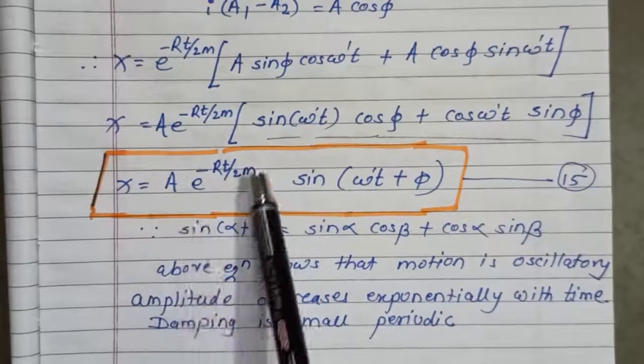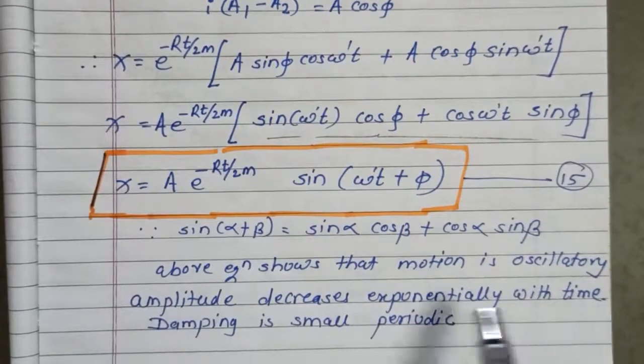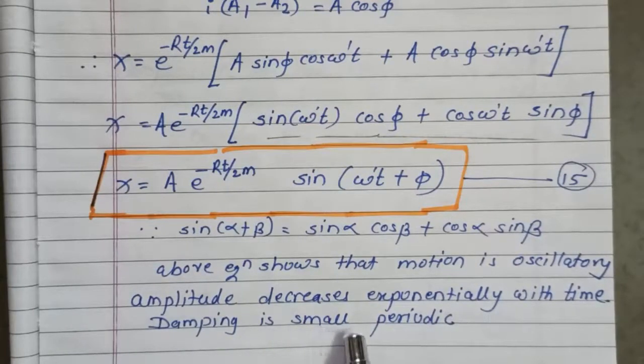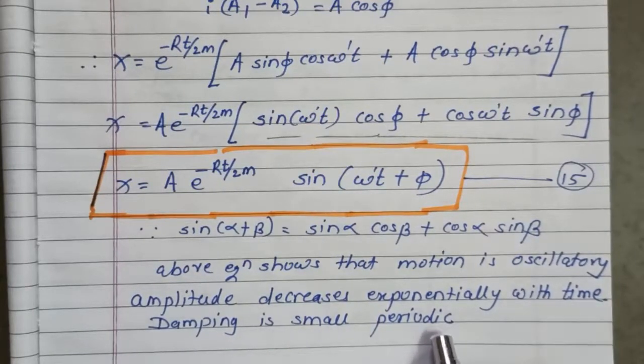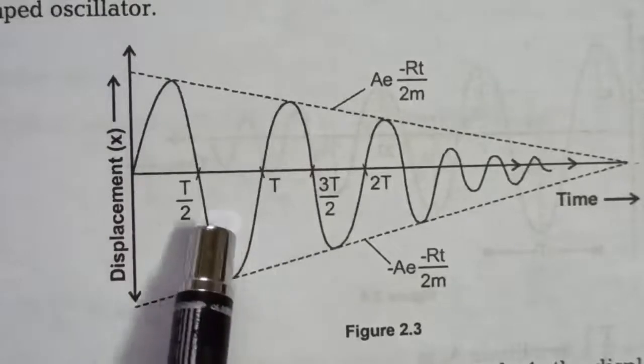This amplitude decreases exponentially with time. Damping is small, periodic. In this case, the equation of motion of the system is oscillatory. Oscillations are not simple harmonic.